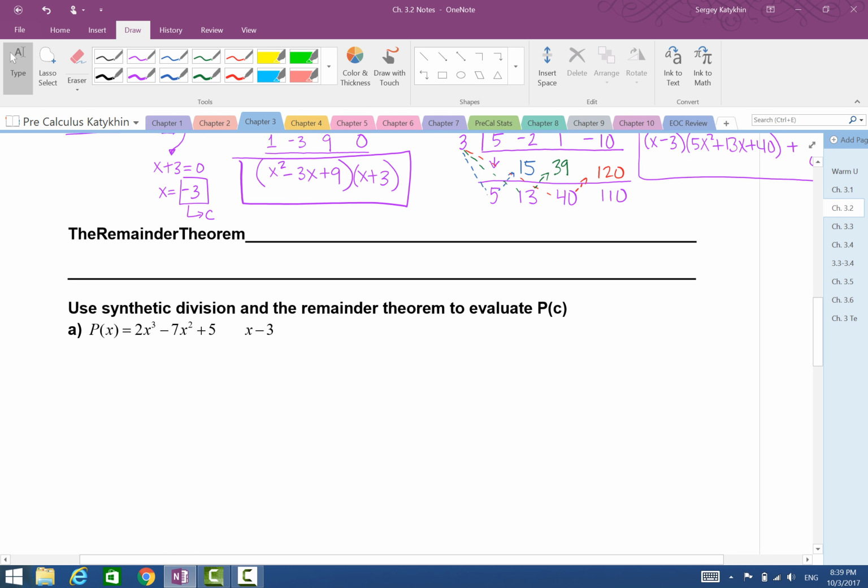The remainder theorem states the following.